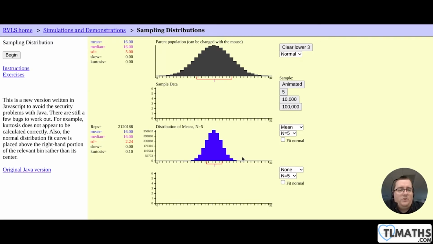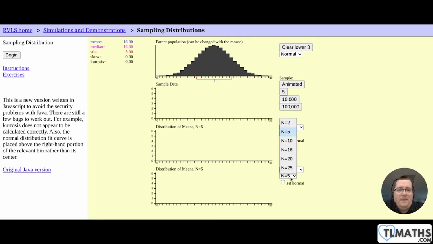What we're going to do is have another graph going. For this one, I'm going to use a sample size of, let's go with 10. The first one is going to take samples of 5 and plot the means.